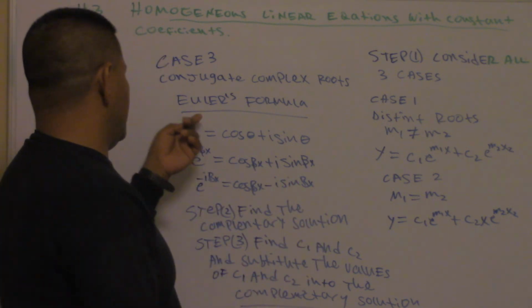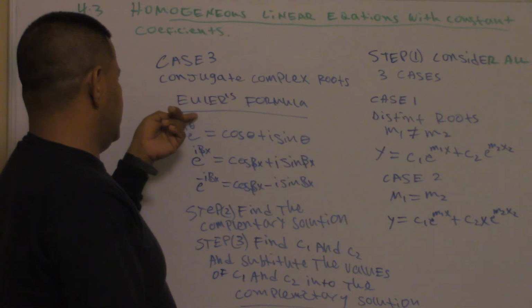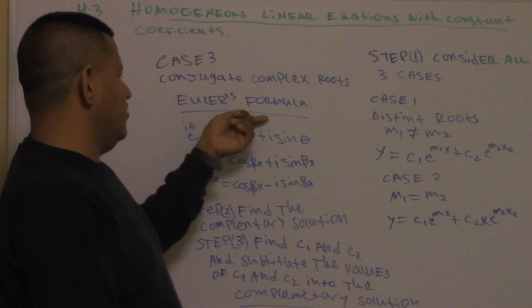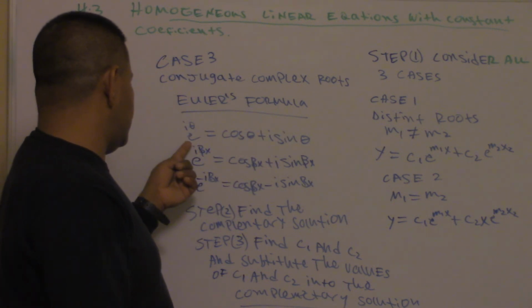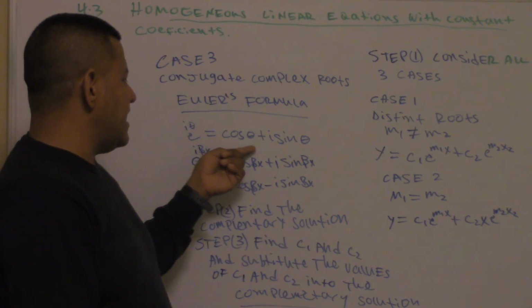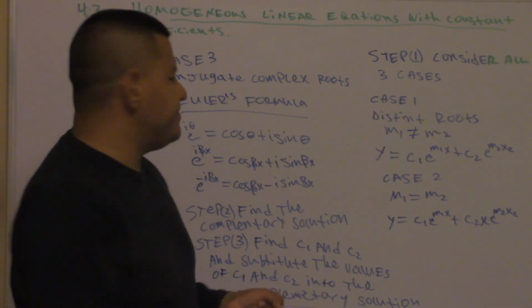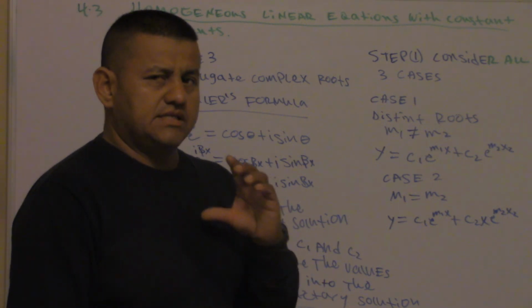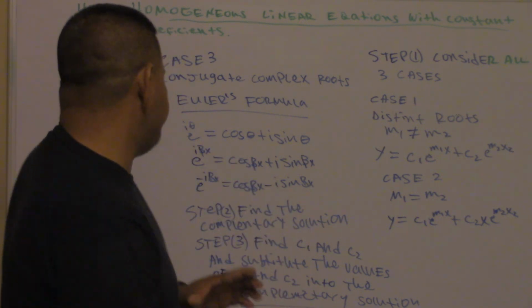So we follow Euler's formula. Euler's formula says e to the i theta equals cosine theta plus i sine theta, where theta is any real number.